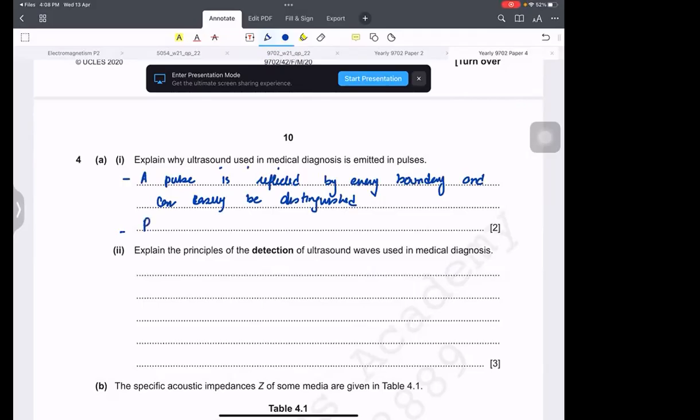So we cannot emit and detect wave or ultrasound at the same time. This is the reason it is sent in pulses.